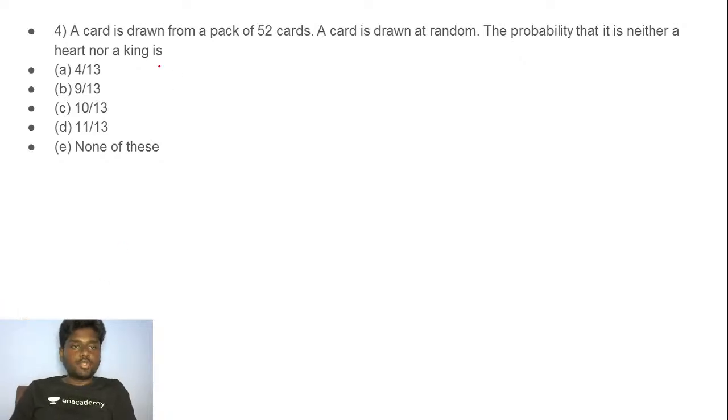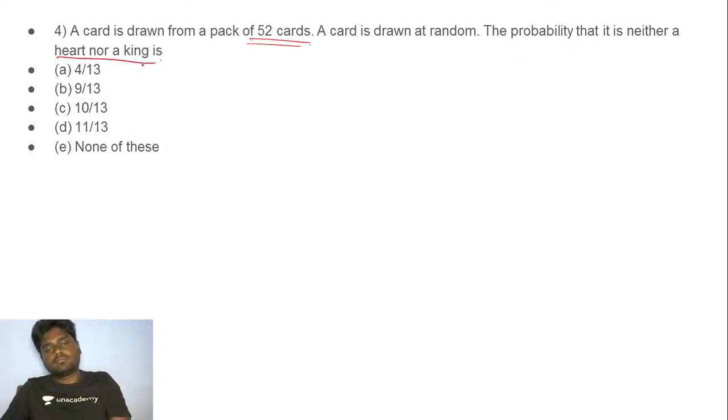The next question for you: a card is drawn from a pack of 52 cards at random. You need to find the probability that it is neither a heart nor a king. Right? Yes, very good. It is 3 by 8. Guys, what's going to be the right answer for this?